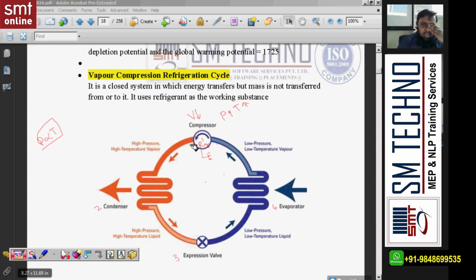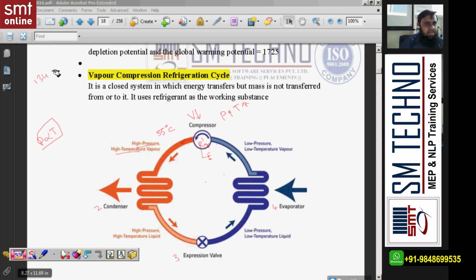So with the increased pressure and temperature, the refrigerant will come out from the compressor in this line. You see, high pressure, temperature, vapor. Means in vapor form, na? Means gas form. Say for example, say 55 degrees centigrade. 55 degrees centigrade is a high pressure for refrigerant. Why? Because maximum refrigerant boil at minus temperature only.